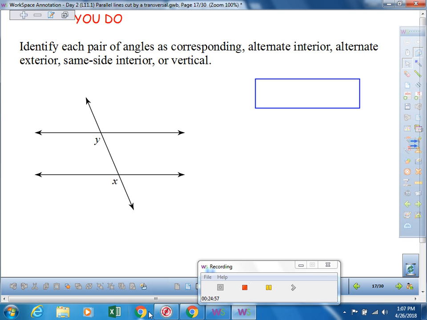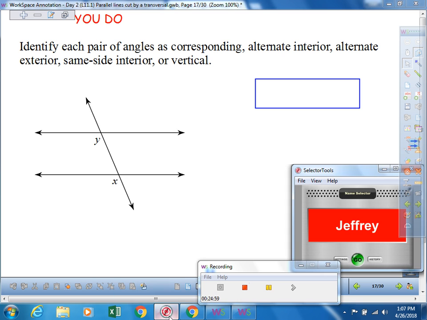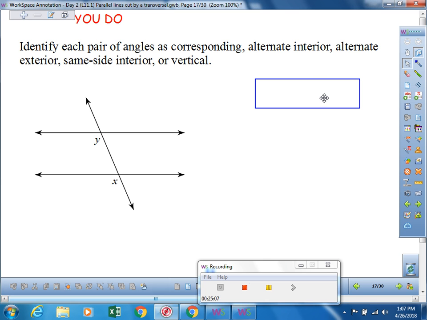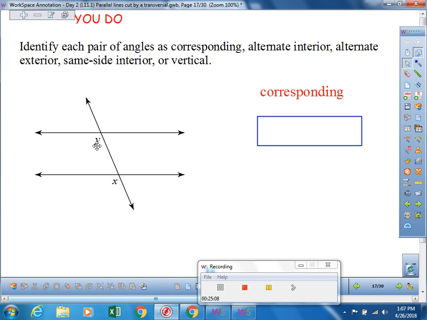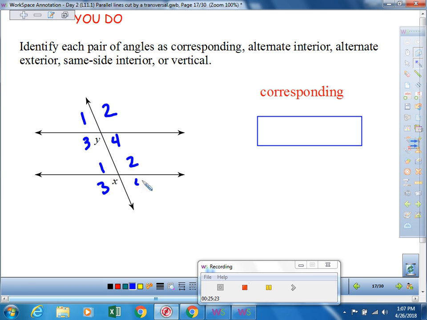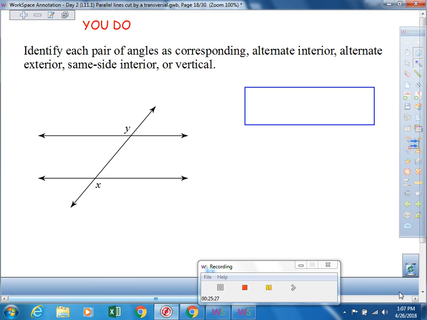Okay, what do you think, Sophia? Corresponding. That is correct, because one's in the interior, one's in the exterior. They do not share a vertex. Corresponding. If I label these 1, 2, 3, 4, and 1, 2, 3, 4, they're both in the third position. Okay? Do that one.